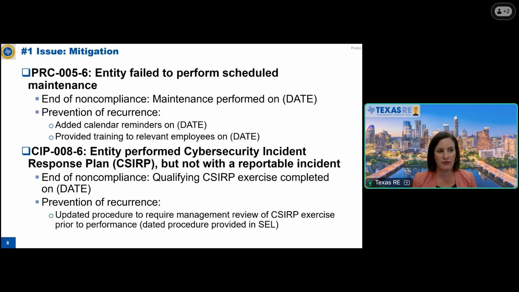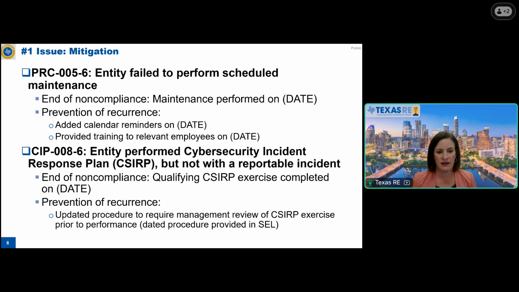Here's another example for a CIP-008. The entity performed a cybersecurity incident response plan exercise, but not with a reportable incident. So at the end of the noncompliance, you would need to tell us when did you go ahead and complete that qualifying CSIRP exercise, give us the date. And then for prevention of recurrence, what was it that went wrong that ended up doing a non-qualifying CSIRP?